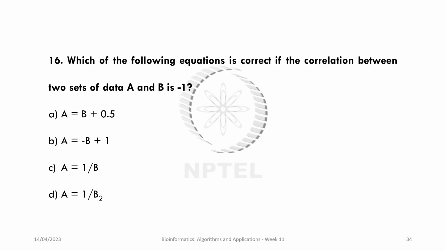Great. Question 16. Which of the following equations is correct if the correlation between two sets of data A and B is -1? How many B's?